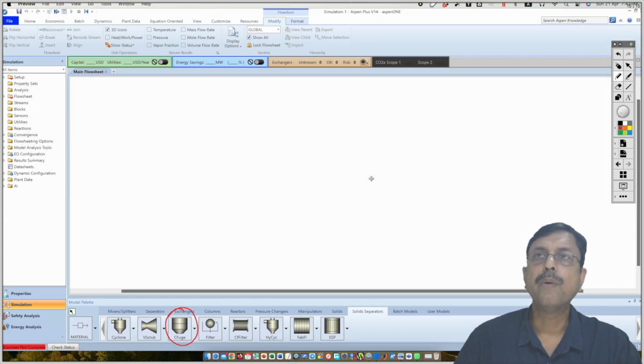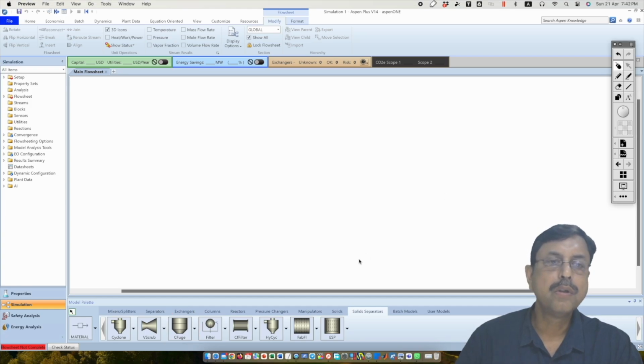So what you need to do is bring it over here, and you will find this is a compulsory feed, red color, and this is the liquid outlet, and this is the solid outlet.